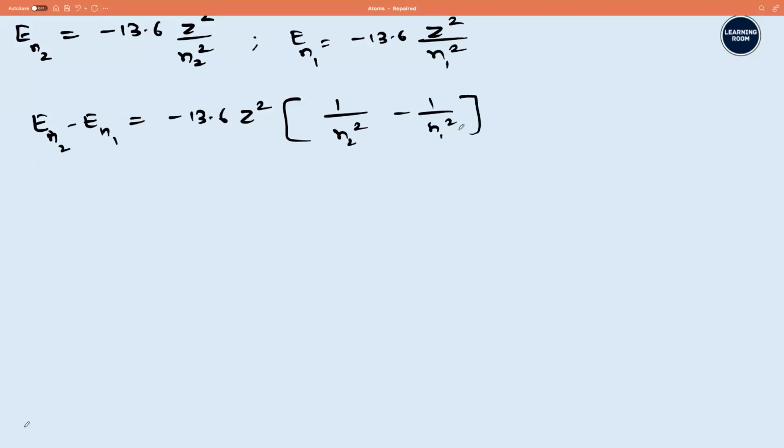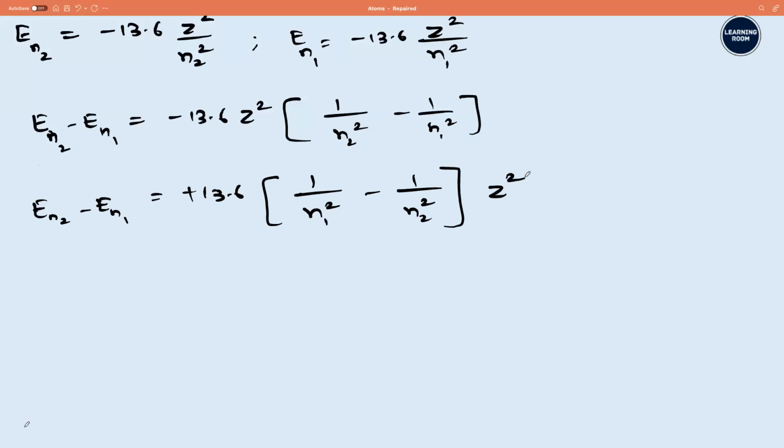Am I right with this? So En2 minus En1 will be equal to, sorry, it becomes plus 13.6 into 1 by n1 square minus 1 by n2 square multiplied with Z square. And remember, this whole thing is in terms of electron volt.